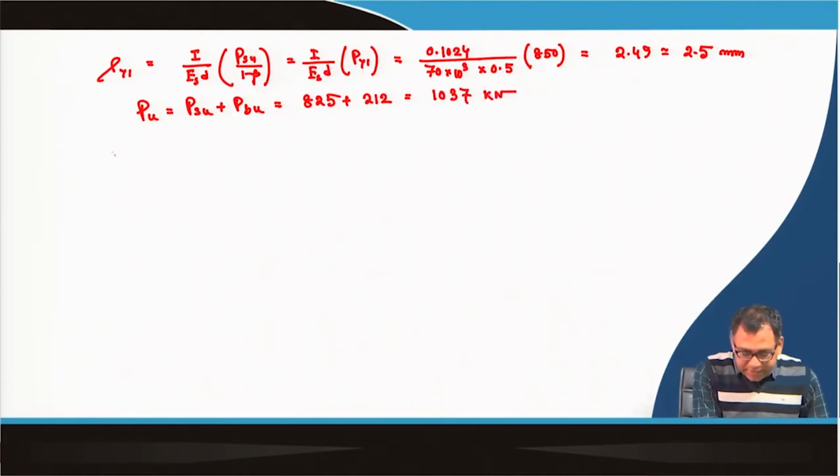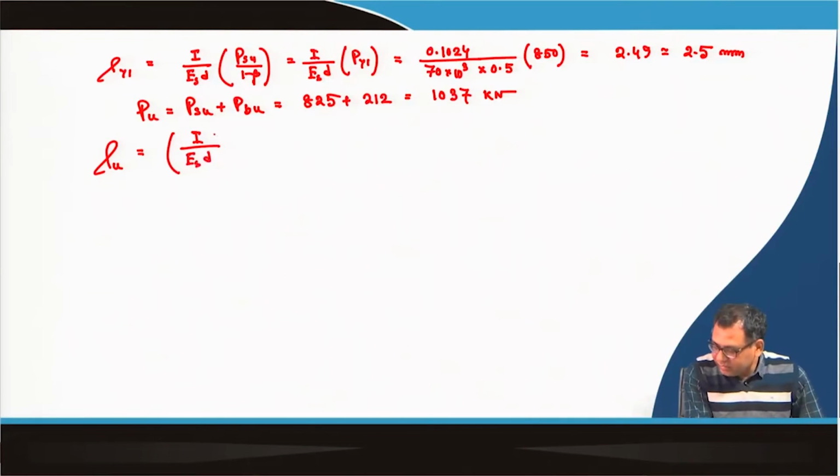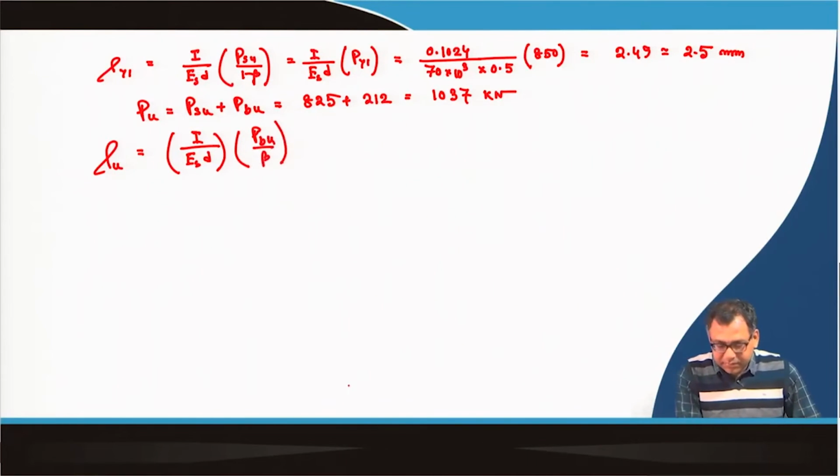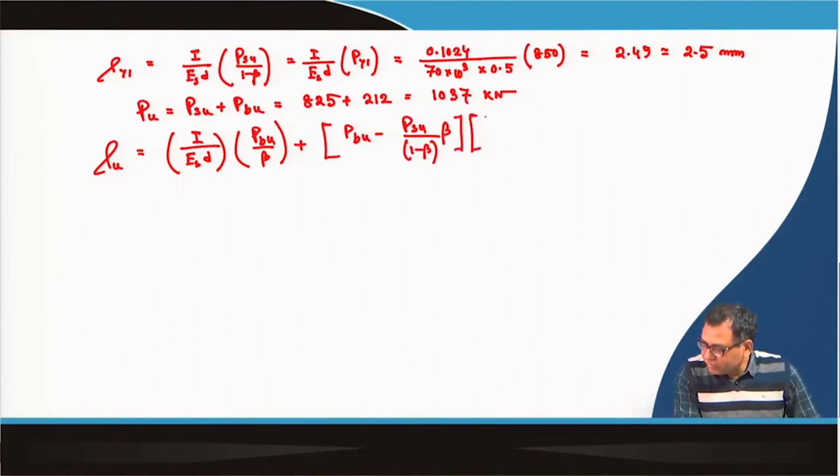At that moment the ultimate settlement, that expression is also given, is equal to I by E_s d into P_bu divided by beta, plus P_bu minus P_su 1 minus beta into beta, and that is into L divided by A_p E_p.